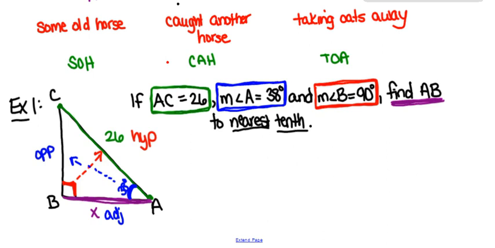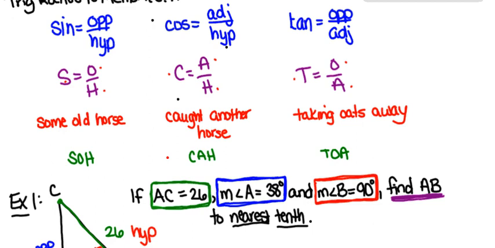Now, if I go back up to the top to my trig ratios, I notice that every one of these trig ratios only deals with two pieces. We either have the opposite and the hypotenuse for sine, the adjacent and the hypotenuse for cosine, the opposite and the adjacent for tangent.